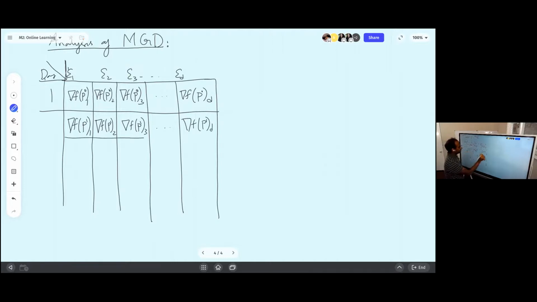The main thing to keep in mind here is that in the multiplicative weights update method, each expert gets some loss after the losses are revealed to us, and then we are allowed to update our weights. So that's exactly what we are doing here. This is day 2, day 3. We make our prediction before the losses are revealed, and we update our weights after the losses are revealed.